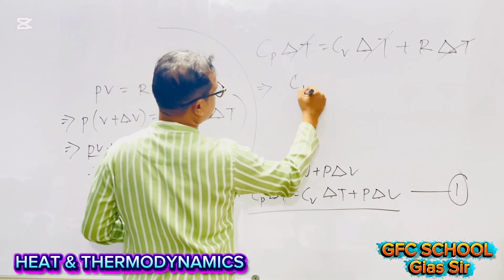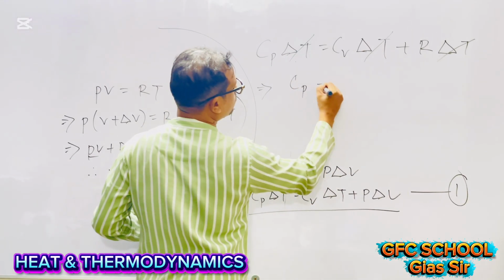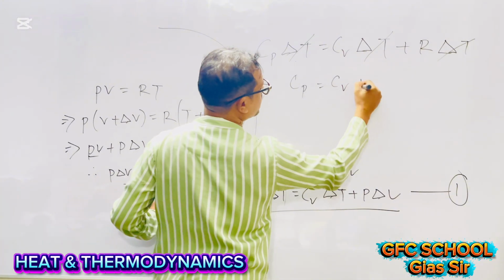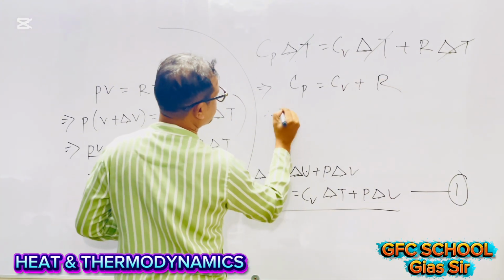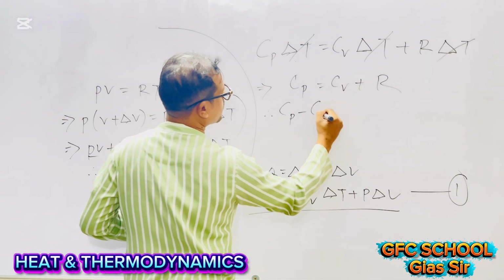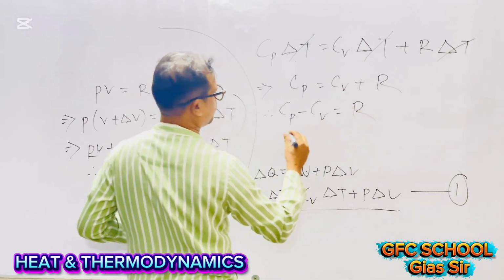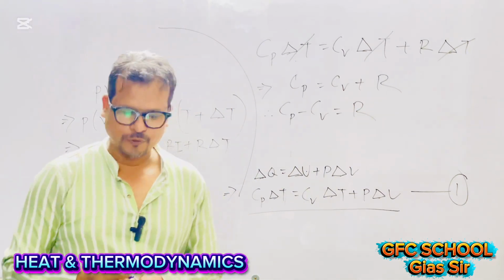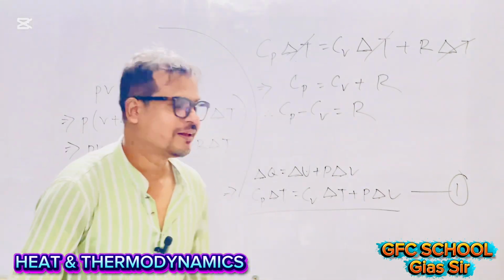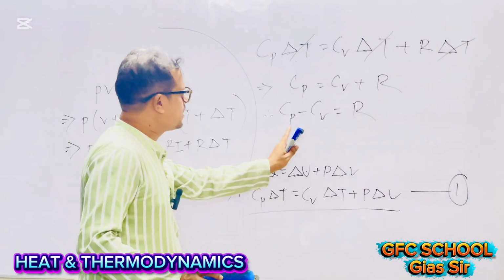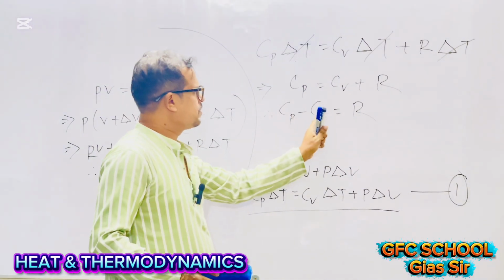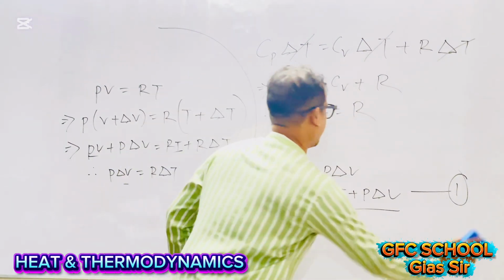Finally, we got Cp equal to Cv plus R. Now we can write Cp minus Cv equal to R. Guys, finally we got our required line, which is Cp minus Cv equal to R.